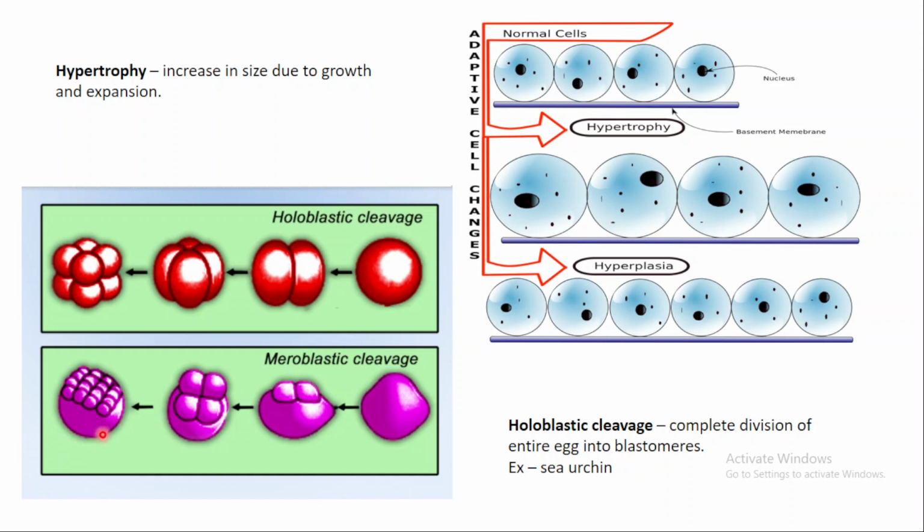One pole of cells, the vegetal and the animal pole cells here undergo meroblastic cleavage, forming the vegetal pole and the animal pole. So the lower part is a single cell while there are multiple cells on the top part. Vegetal cells have large quantities of yolk.